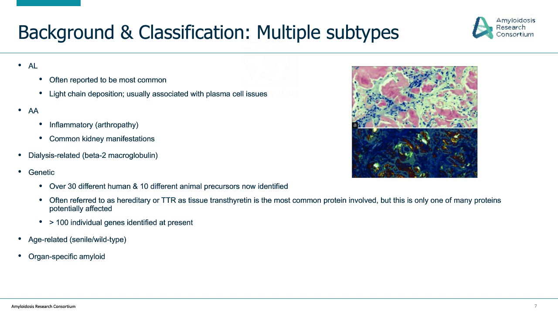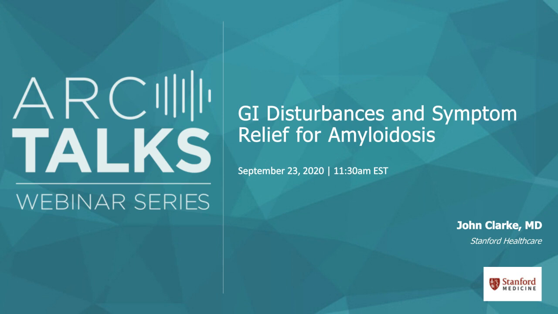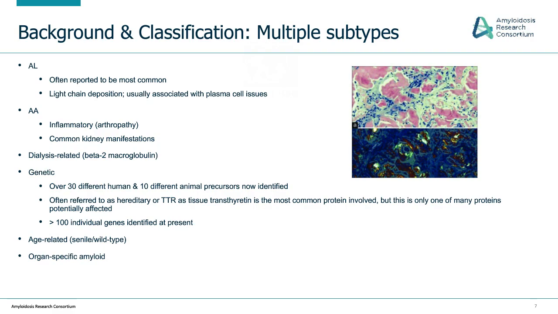Then the next one to talk about, which I saw was the third most common here on the group, is what's referred to as age or else wild type. And this is where the protein deposited is felt to be TTR, similar to most variations in genes which are seen.